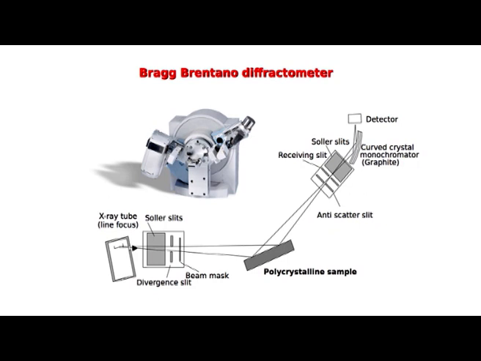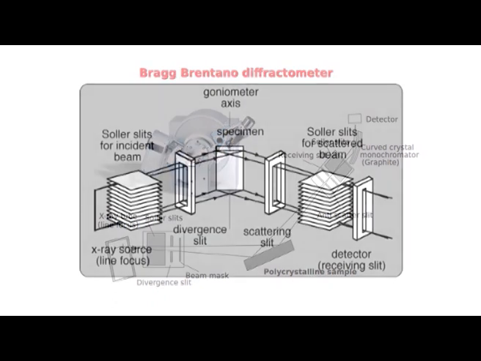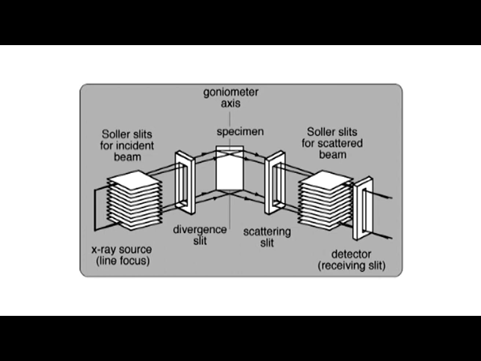This concept can be very clearly seen in the image. You have the theta and the 2 theta, which is clearly understood from that angle. The XRD spectrum then comes as a function of the 2 theta, or the Bragg angle. This image shows the Bragg-Brentano diffractometer, which I have taken from the website of Panalytical, a leading manufacturer of diffractometers.